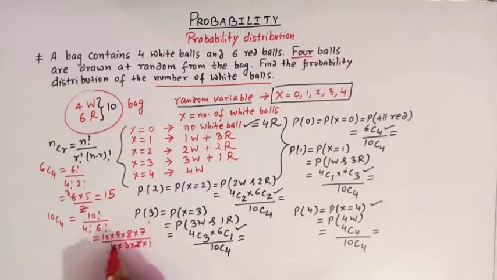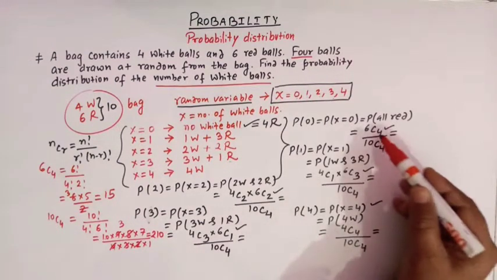So 4 2s are 8, 8 and 8 get cancelled. Here we have 3 3s are 9, so we have 10 3s are 30 times 7, that is 210, right?